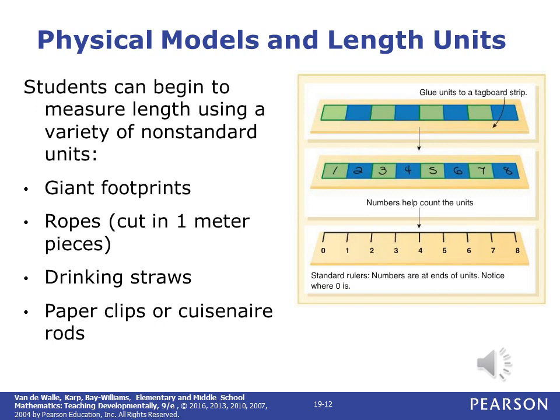This actual exercise is in the book. It's labeled Activity 19.13 and it's on page 465, and there are some different alternatives to it as well for different grade levels, but it's a nice hands-on activity for students to become familiar with standard units in length.